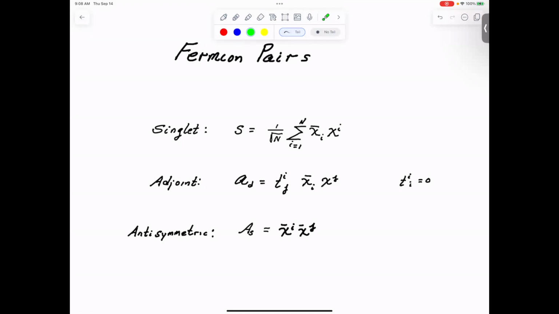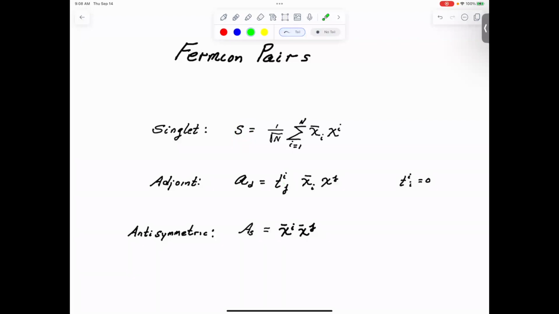antifermions. For the antifermion fermion system, there are singlet operators, singlets under SU(N). Here's a singlet operator, chi bar I, chi I, and I'll put a 1 over square root of n there for normalization. That's the singlet operator. There are operators in the adjoint of SU(N). Those correspond to chi bar I, chi j T_ij, with a summation convention, sum over I and j, with T_ij being traceless.